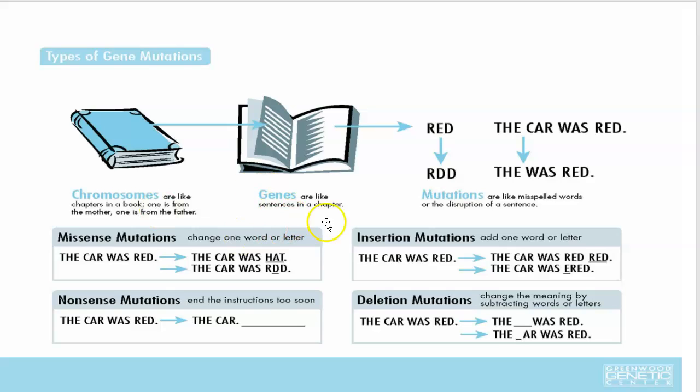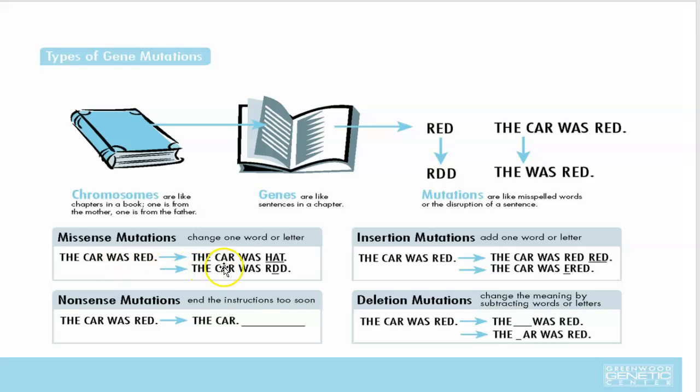When we open up a page, that's a recipe that tells us how to make whatever the protein is. Let's say we have a sentence, the car was red, and the next sentence is, I drove to the store. A missense mutation is when there's a change of a letter or a word.